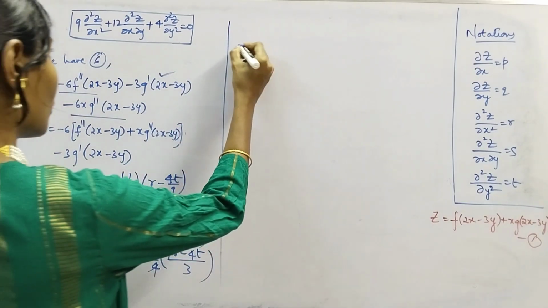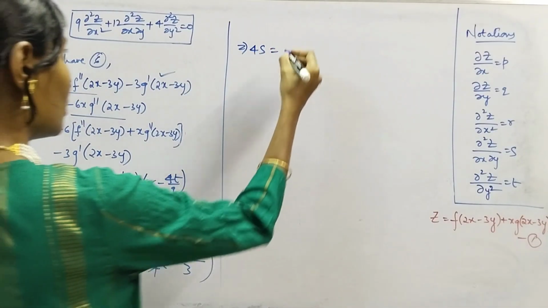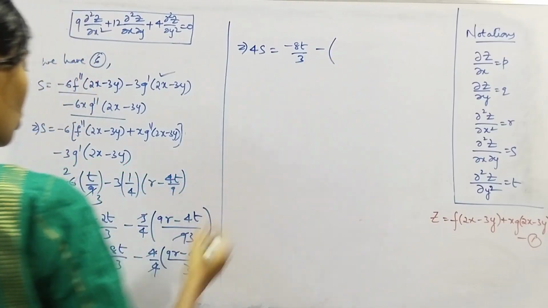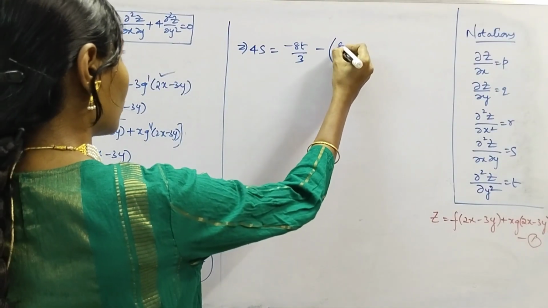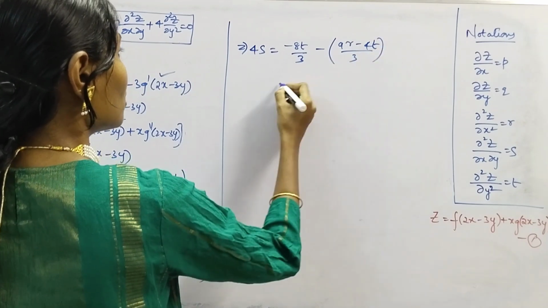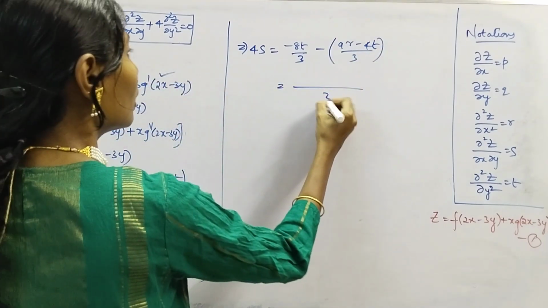And this gives us 4s equal to minus 8t by 3 minus of 9r minus 4t by 3. You're having the same denominators, take the LCM, you'll have 3.